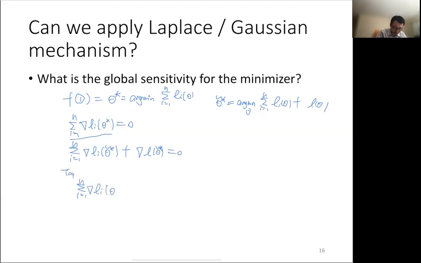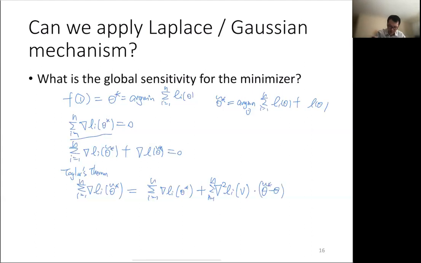We'll write, by Taylor's theorem, this is equal to the gradient of Li at theta star, plus the second derivative of this Li at some v multiplied with theta tilde star minus theta.